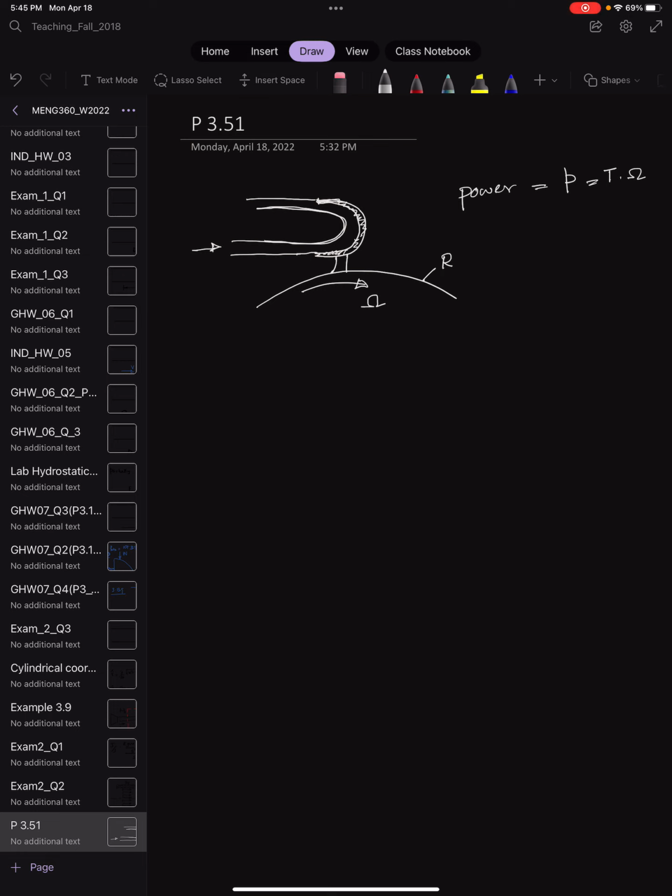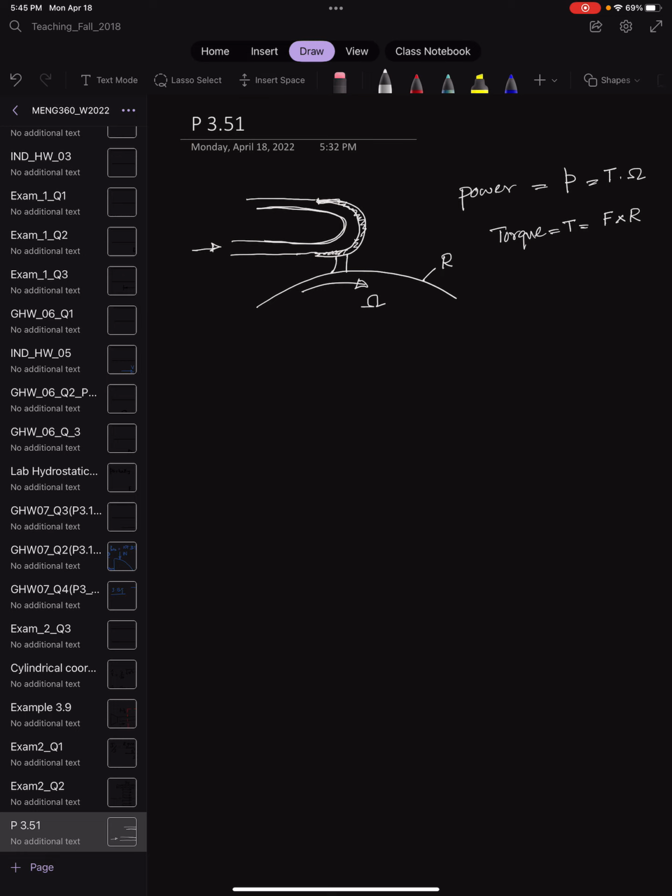To find the torque T, we need the force applied on the bucket, times the radius.